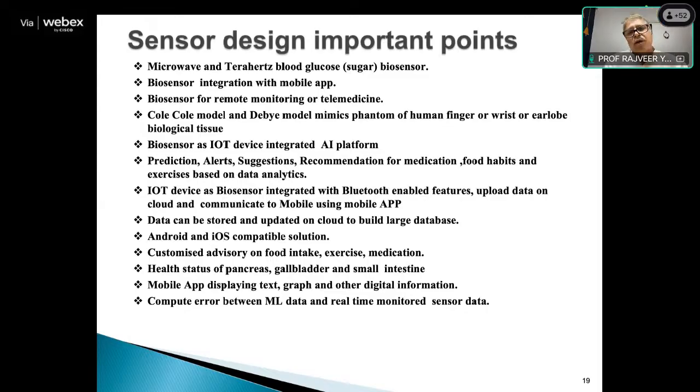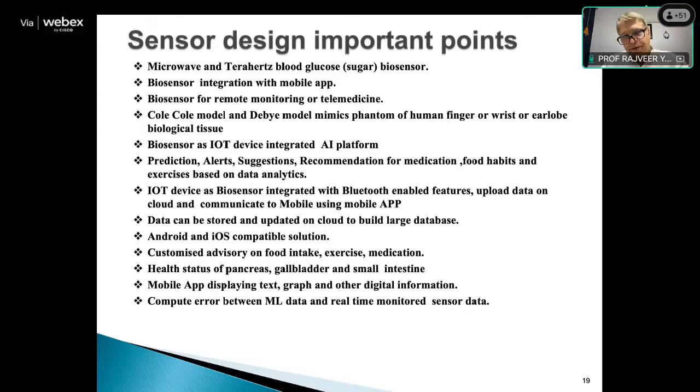Cole model and DB model, these are the two different mathematical models available to biotechnologists and mathematicians. They can mimic human tissue with some electrical characteristics. We have done the same thing.